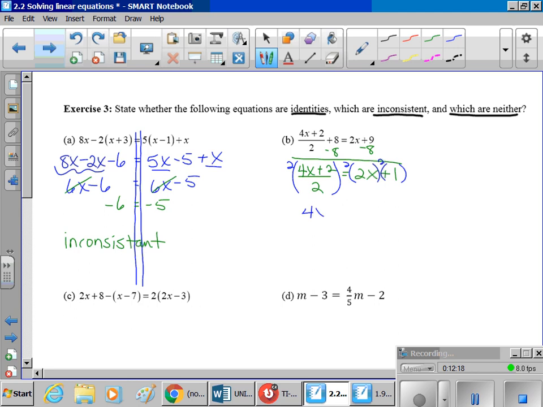So you get 4x plus 2, because that's the reason we did it, to get rid of the fraction, is equal to 4x plus 2. Well, right away you can see this is an identity.